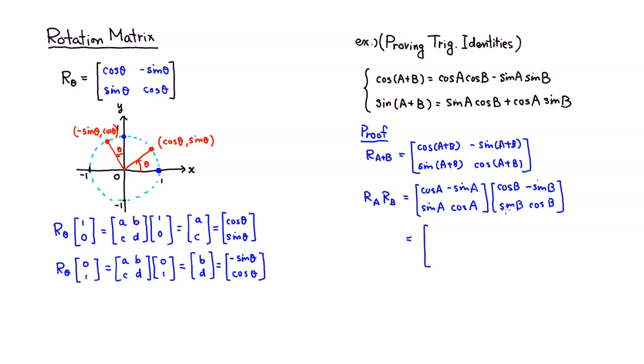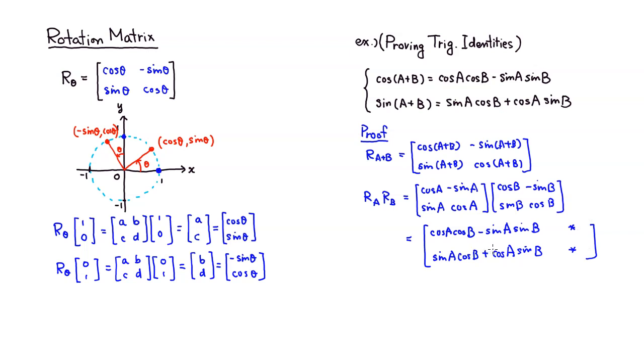This times that gives you cosine of A times cosine of B minus sine of A and sine of B. And this times that gives you sine of A times cosine of B plus cosine of A times sine of B. For this proof, I don't really need the other column, so I'm too lazy. All I need is a correspondence.